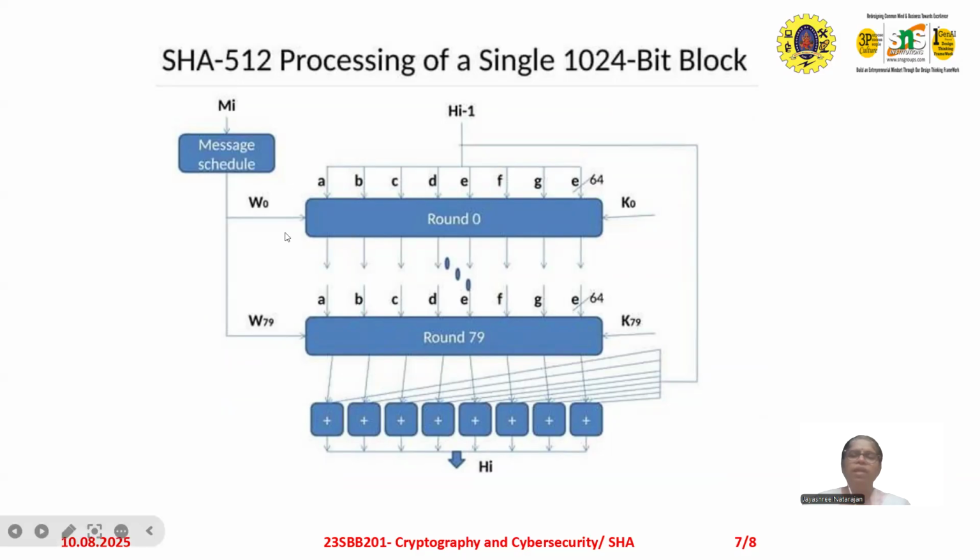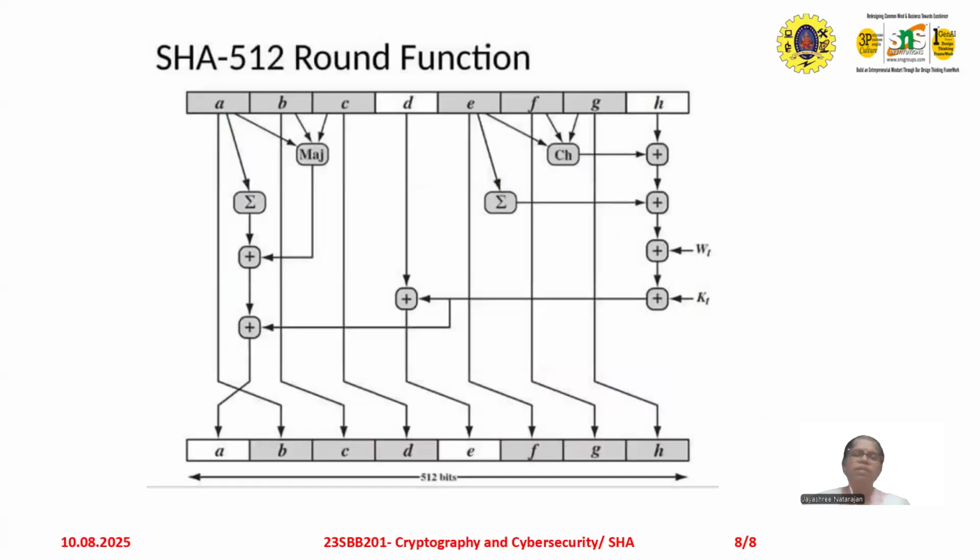There are 8 buffers, A, B, C, D, E, F, G, and H, of 64 bits. After all these processes, the output comes out. This is one round of operations of the SHA algorithm. Here MAJ (majority) and CH (choose) are nonlinear functions which depend on logical operations.